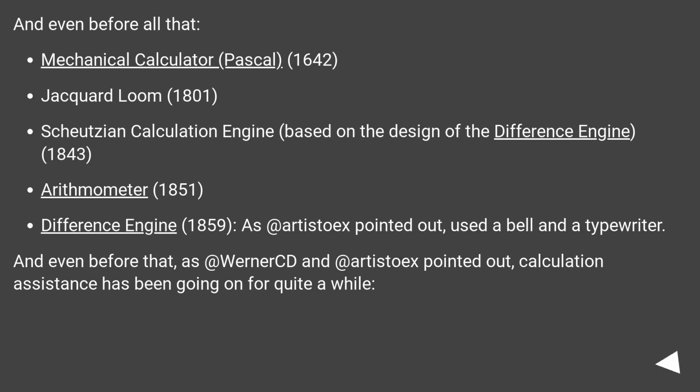And even before all that: mechanical calculator, Pascal, 1642. Jacquard loom, 1801. Scheutz calculation engine, based on the design of the difference engine, 1843. Arithmometer, 1851. Difference engine, 1859, as at Artistoix pointed out, used a bell and a typewriter. And even before that, as at Wernicke and at Artistoix pointed out, calculation assistance has been going on for quite a while.